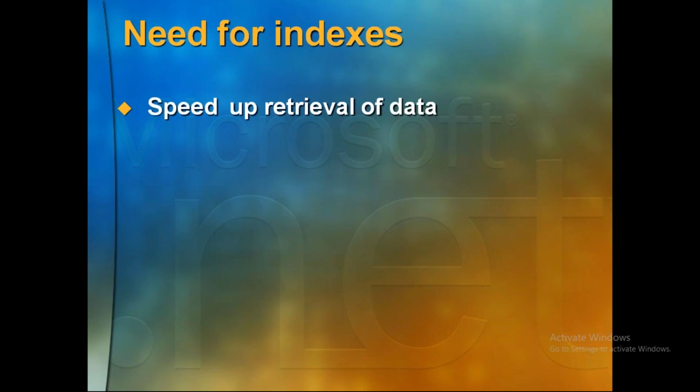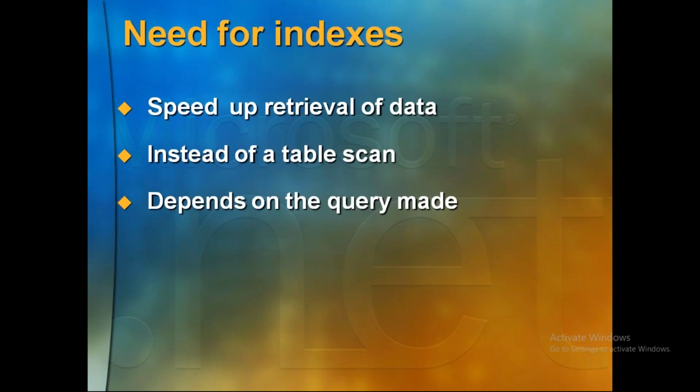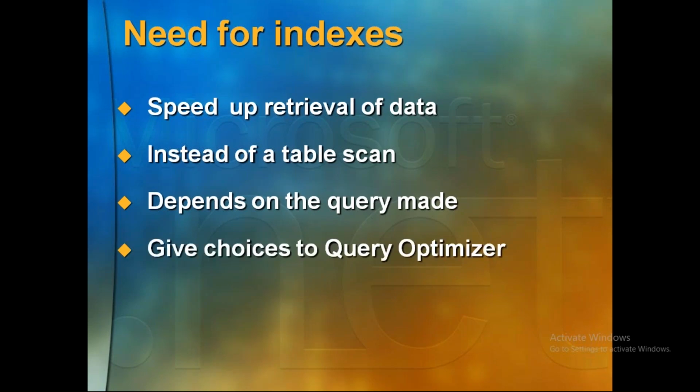Indexes are needed to speed up retrieval of data instead of table scanning, and it depends on the query made. How you're writing the query determines whether it's going to use the index. This gives choices to the query optimizer, which means the SQL Server. The query optimizer is nothing but a small piece of code that plans how to go internally and fetch the data.